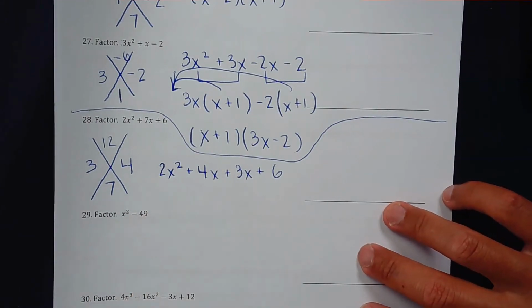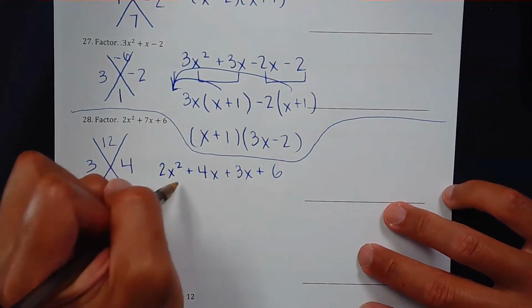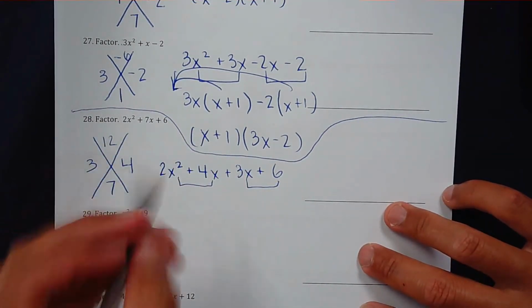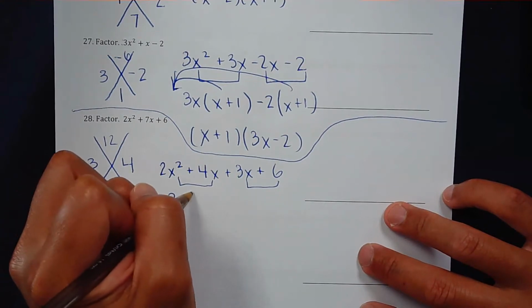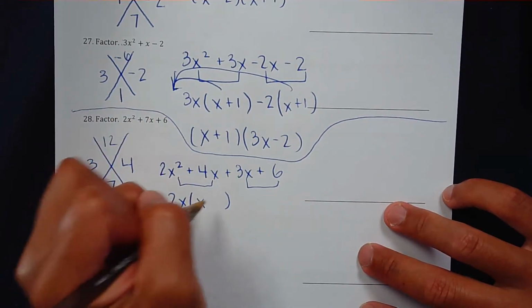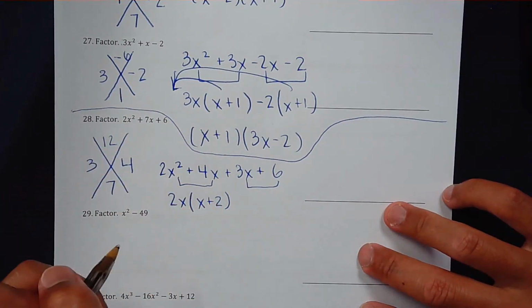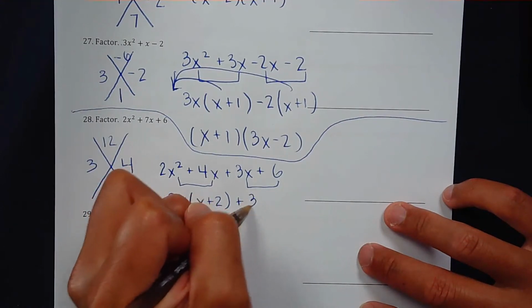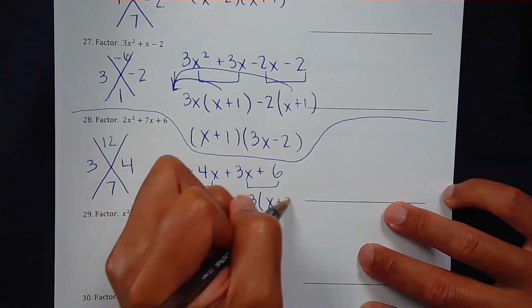All right, so we go ahead and factor out our greatest common factor from these two and then these two. Greatest common factor is 2x. In parentheses, we write x plus 2. And then our greatest common factor is 3, and in parentheses we have x plus 2.